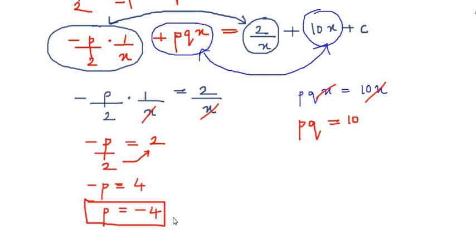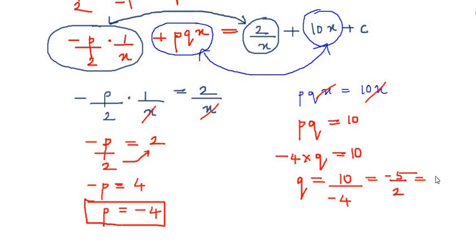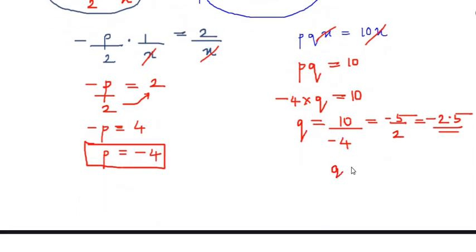The value of p we have already got, so it is negative 4 times q equal to 10. So q is equal to 10 over negative 4, which can be written as negative 5 over 2, or as a decimal, negative 2.5. So we have also got the value of q, which is negative 2.5. So the value of p and the value of q are found.